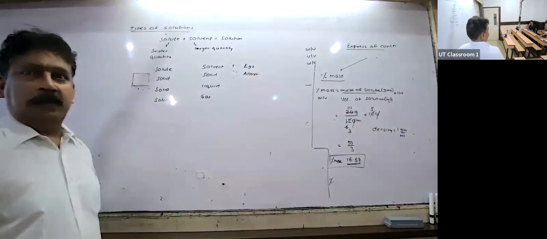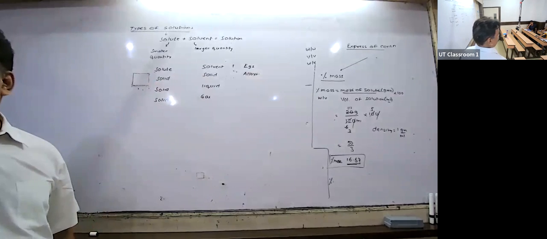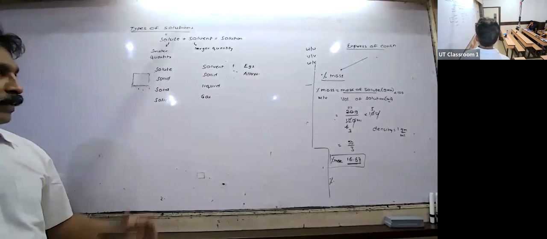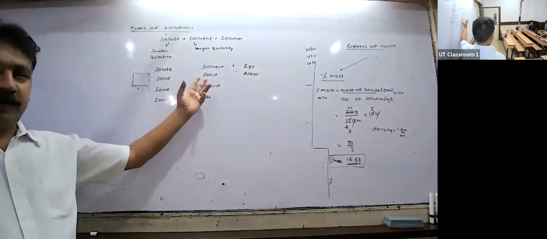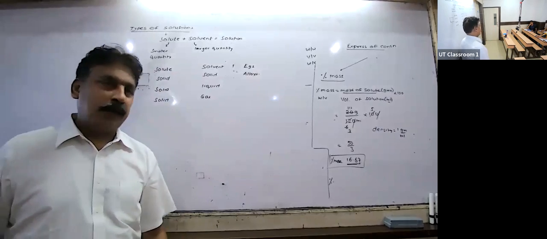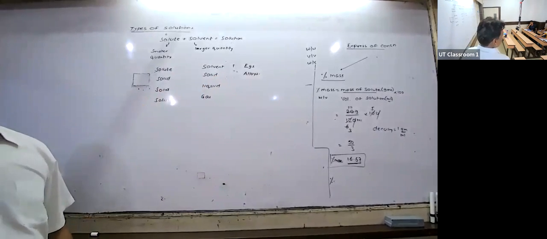One percentage of metal will be less, another percentage of metal will be more, like brass, bronze, German silver, steel. Whenever there is a combination of metals, the metal which is in larger quantity will be the solvent.